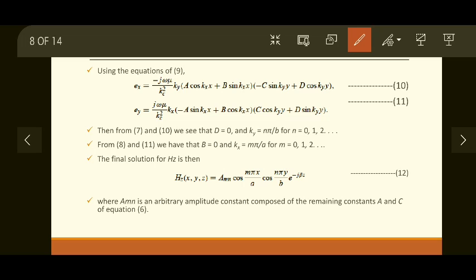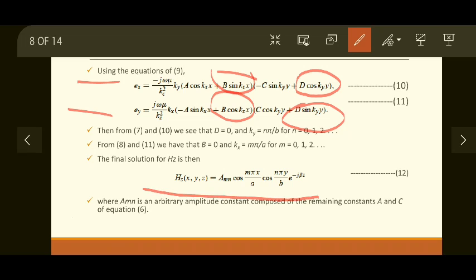So for the final solution for Hz, after combining all this, you have to remove this component and this component. For Ex and Ey, the final equation can be found from the general equation by applying these boundary conditions.